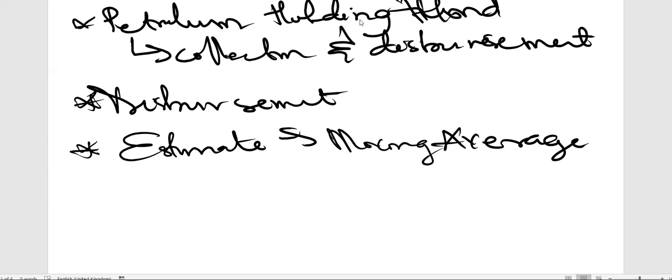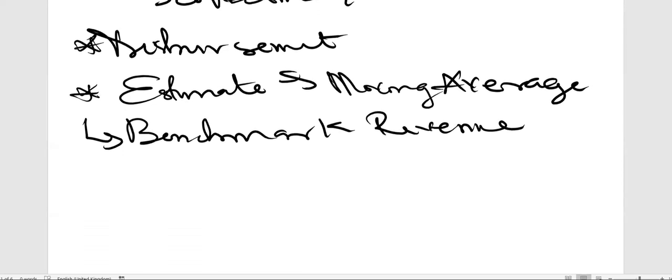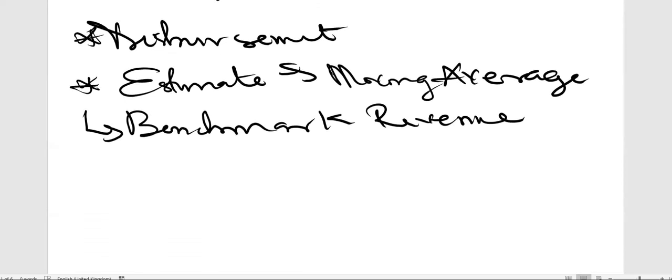So we have a term called the benchmark revenue. The benchmark revenue is the expected oil and gas receipts. That is the budgeted. It's not the actual oil and gas receipt.